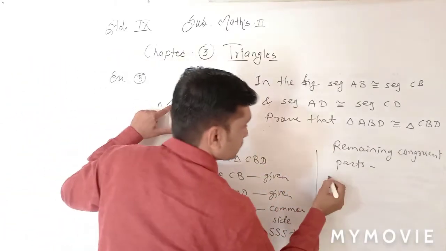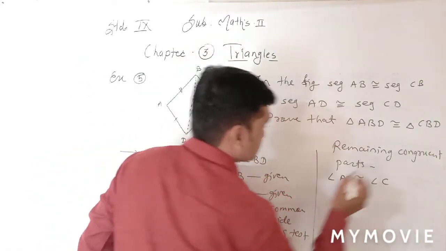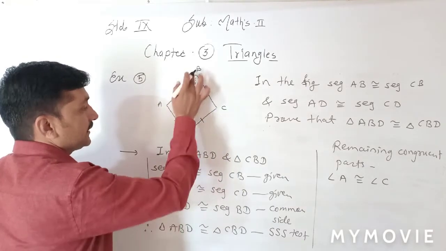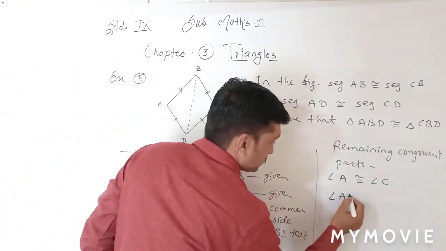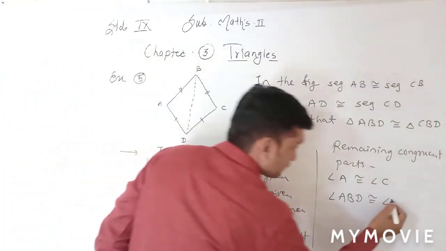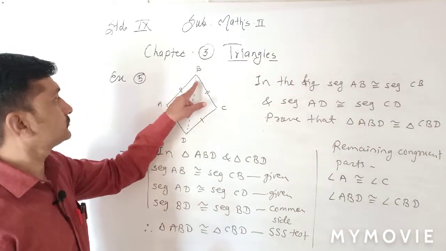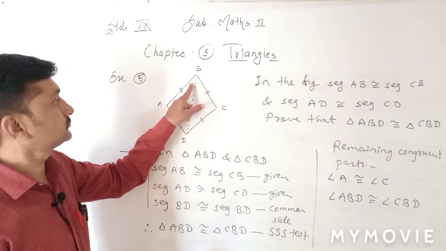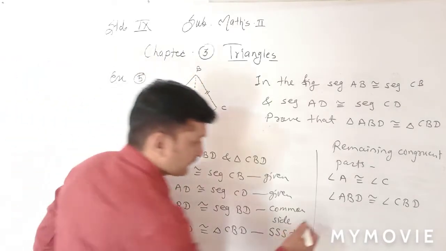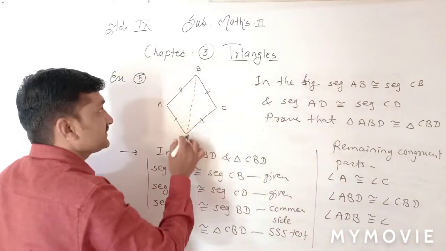Angle A congruent angle C, we can write a single letter, but here by 3 letters: angle ABD congruent angle CBD, and angle ADB congruent angle CDB.